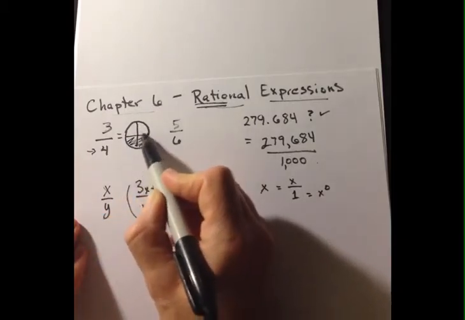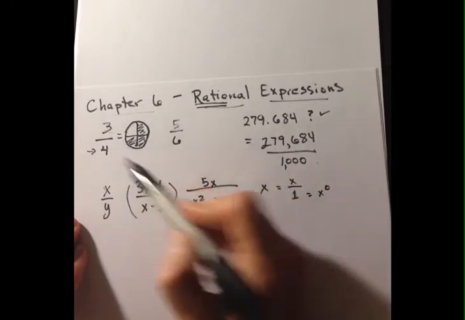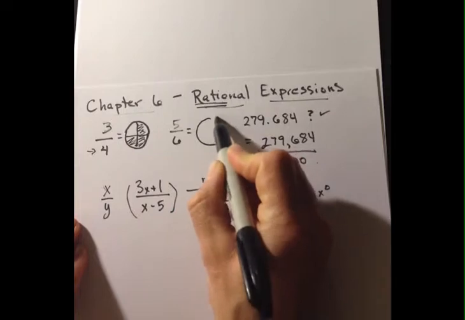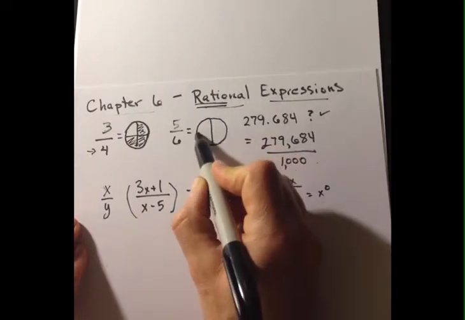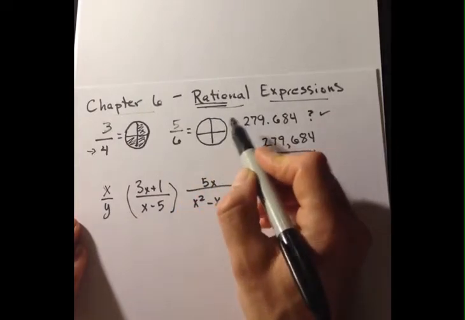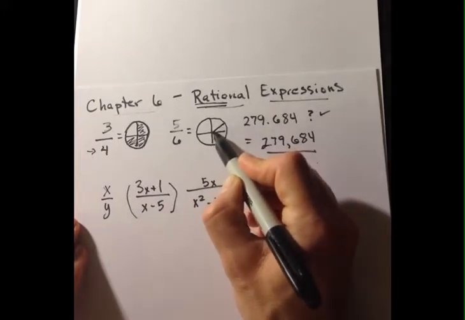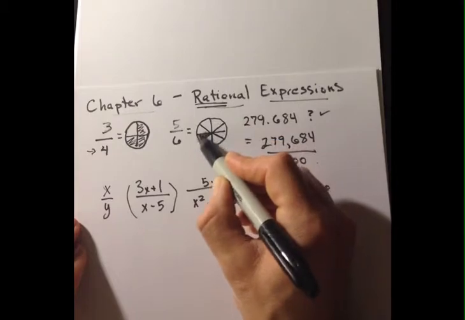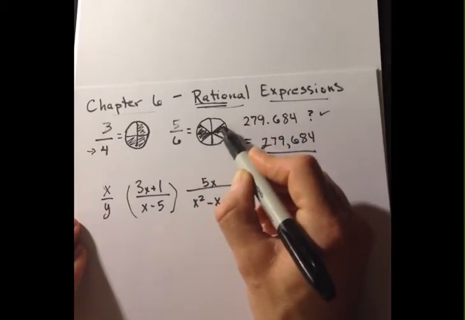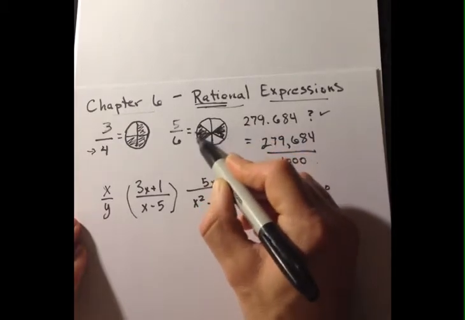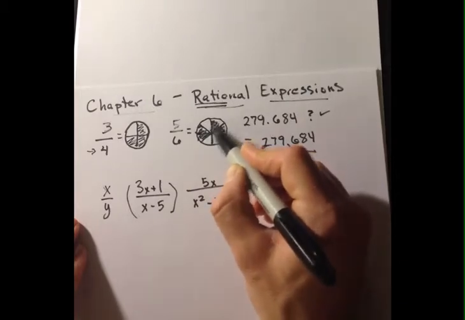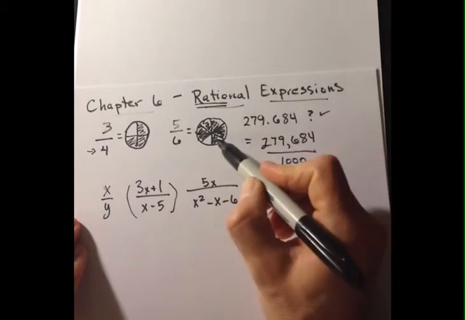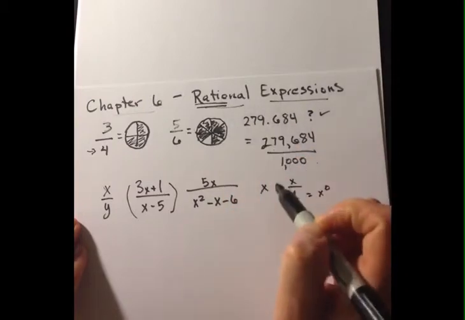If I shade in 3 of those, that represents 3/4 of the circle. In the case of 5/6, I divide this into 6 equal parts and shade in 5 of those. So it would be 1, 2, 3, 4, 5 of those 6 pieces, and that represents 5/6 of my circle.